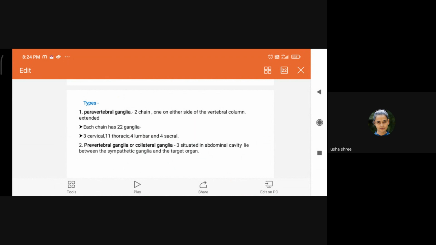And another type is prevertebral ganglia or collateral ganglia. Those are 3 situated in the abdominal cavity, lying between sympathetic ganglia and target organ.